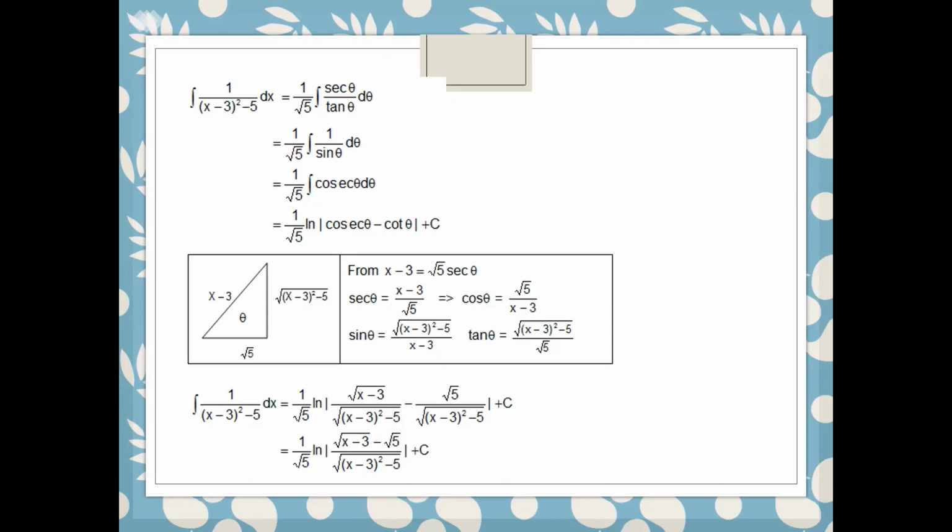In addition, sin theta is equal to square root of (x minus 3) squared minus 5 over (x minus 3), and tangent is equal to square root of (x minus 3) squared minus 5 over square root 5. Replace this into the answer. You should be able to obtain the following answers in terms of x.